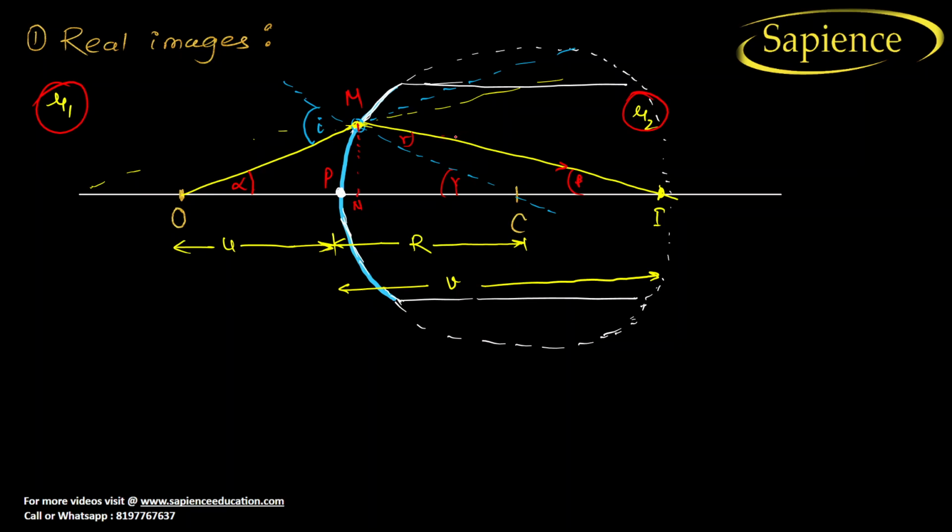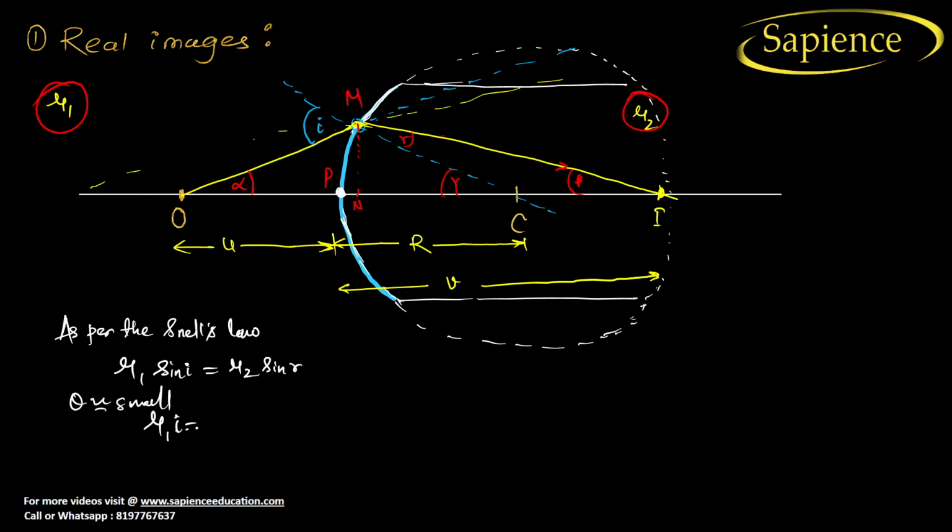These are the two media. Now as per Snell's law, mu1 sin i is equal to mu2 sin r. Since we have considered that theta is very small, mu1 i will be equal to mu2 r. We can write it like this, right?